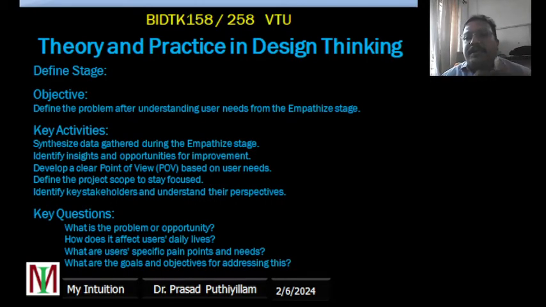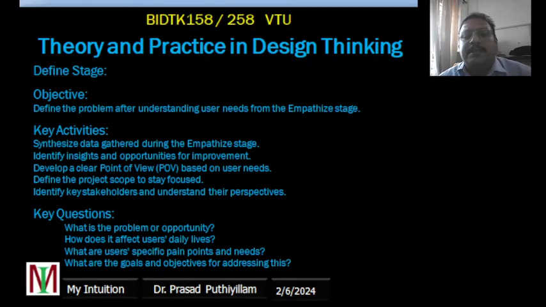specifying the inclusions and exclusions, what needs to be included, what needs to be excluded, and we should have a clear-cut idea in this define stage of what our product should be. That imagination should come in the define stage.